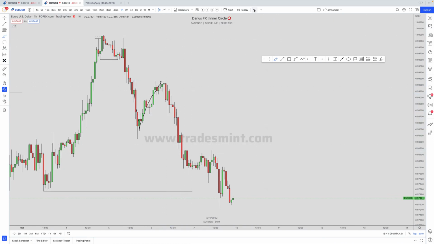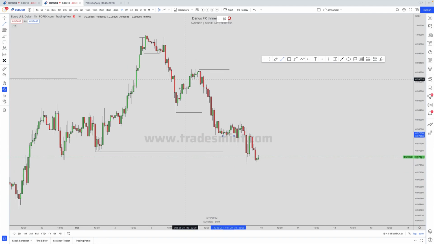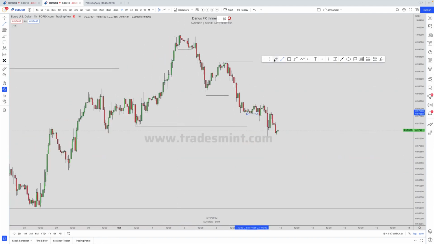So where are your structure breaks? Here, the same from here till here. This is your high. Then again, here breaking this. A lot of internal traffic, of course. So this is why personally I would not always map out everything, right? Because for instance, you could say, yeah, this is a break, so we're now bullish.